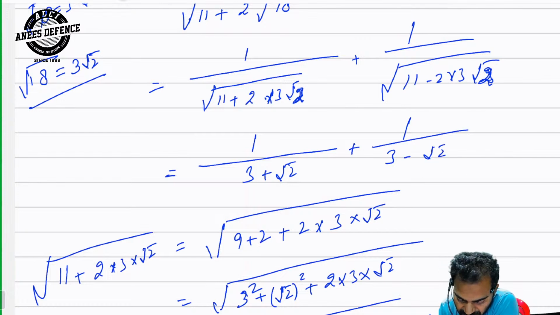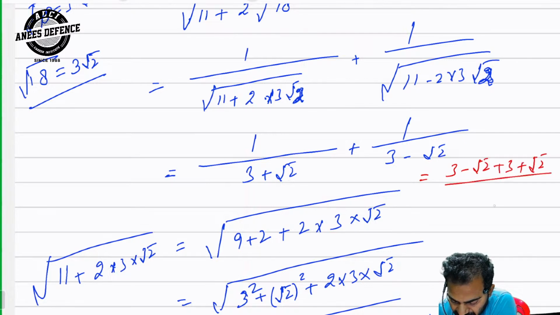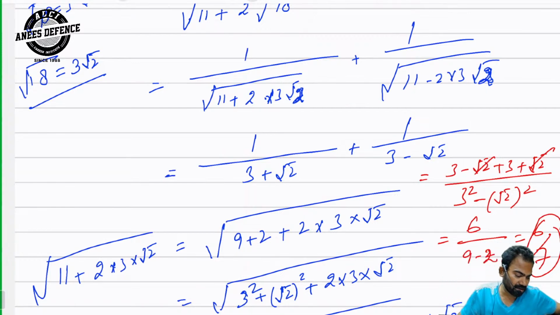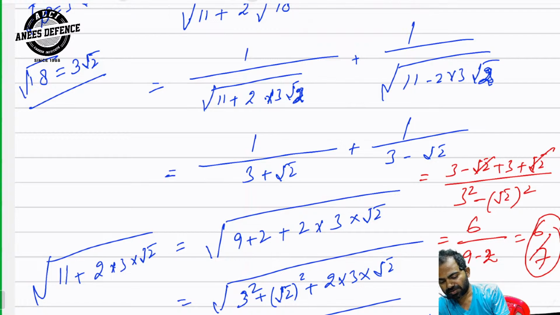Any problem? 1 upon 3 minus root 2 and 1 upon 3 plus root 2, and in the denominator 3 square minus root 2 square. So root 2 cancels. 3 plus 3 is 6, 9 minus 2 is 7, so 6 by 7. This is our final answer. 6 by 7, C is the correct option. C is the right answer.